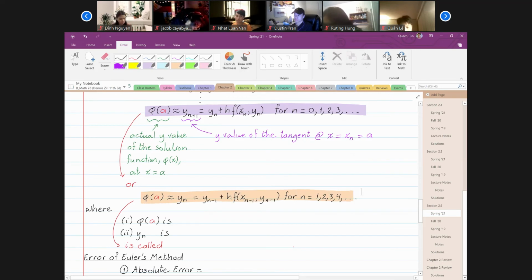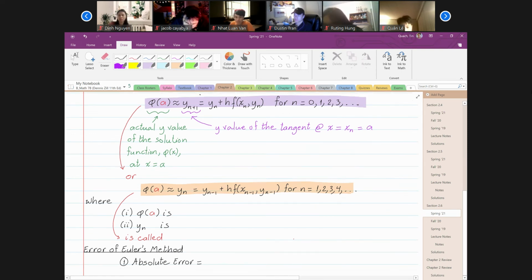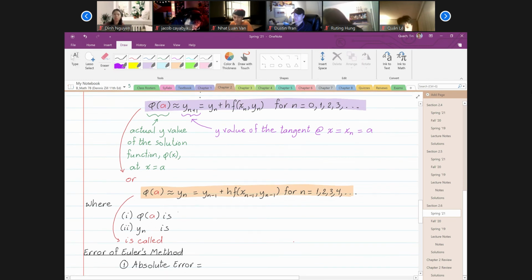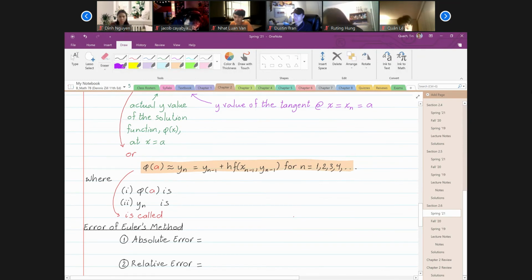All right, so again, I'm writing this. Here, y sub a is the actual y value of the solution function at x equals a. I keep rewriting this because I need to repeat it so students know the difference between these two values.